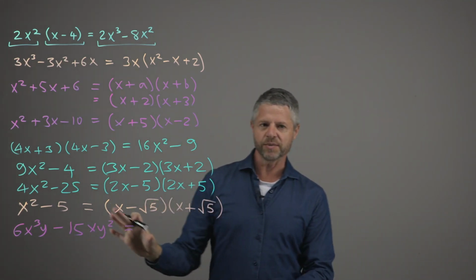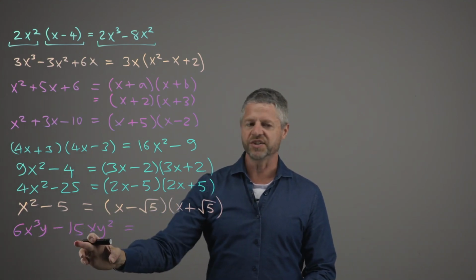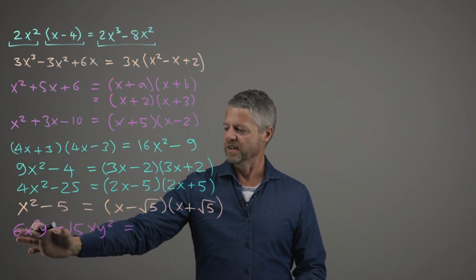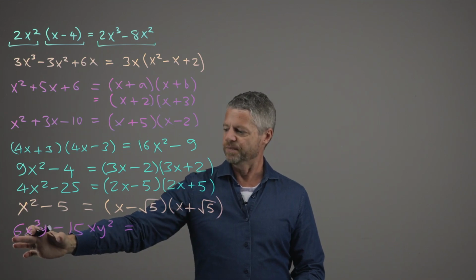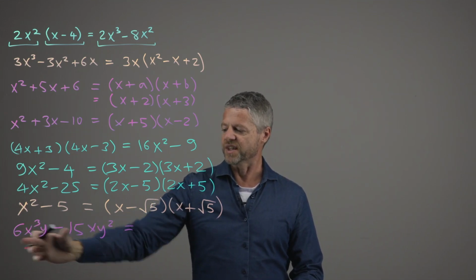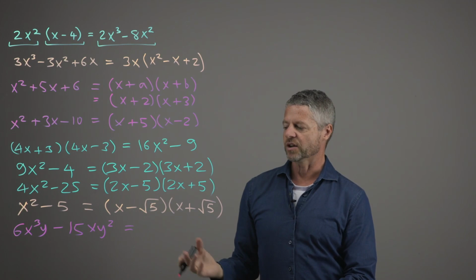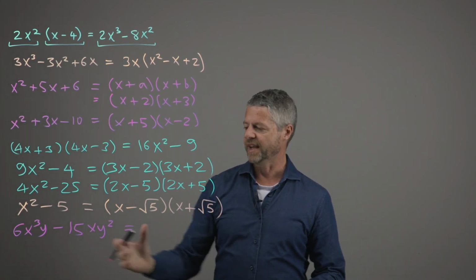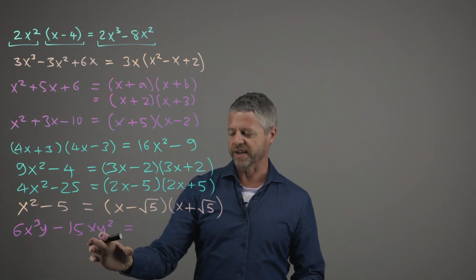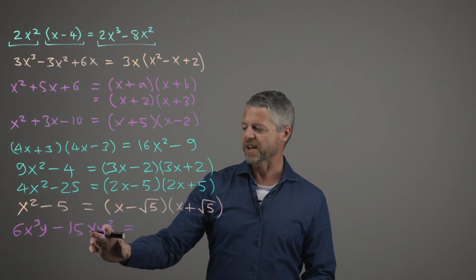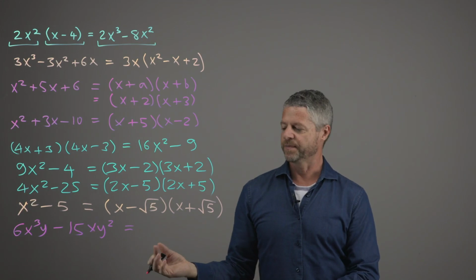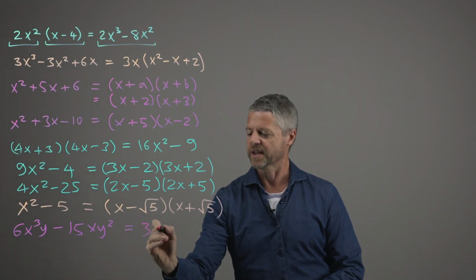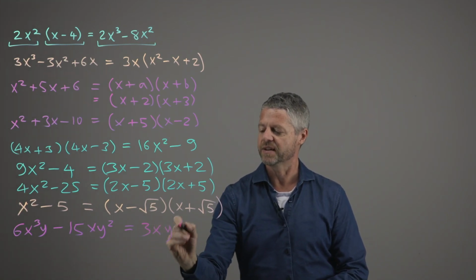So when we're factoring, we're looking for a common factor for each term. In terms of the coefficient in front, the 6 and the 15, a common factor there would be 3. And in terms of the x cubed y and x y squared, a common factor would be xy. So 3xy is my common factor.